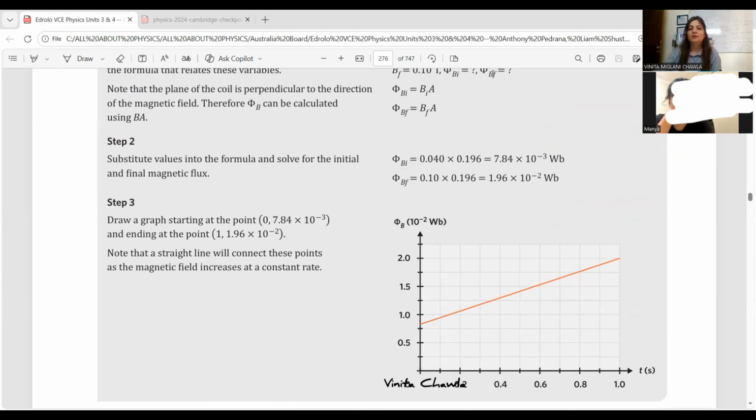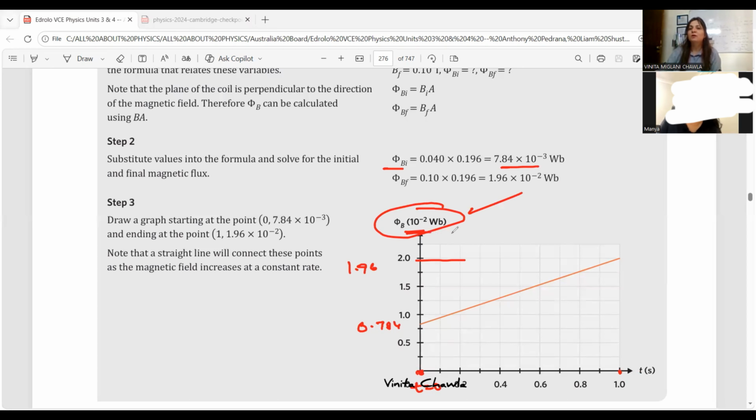So at t equal to 0, this is the time at t equal to 0, your magnetic flux is 0.784 into 10 to the power minus 2. While at t equal to 1 second, the magnetic flux is 1.96 in 10 to the power minus 2 again. So we had taken 10 to the power minus 2 here. We're writing the scale like this.